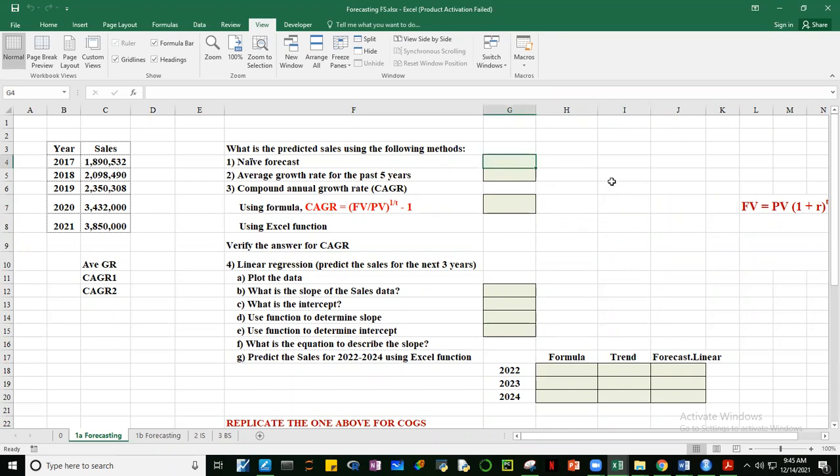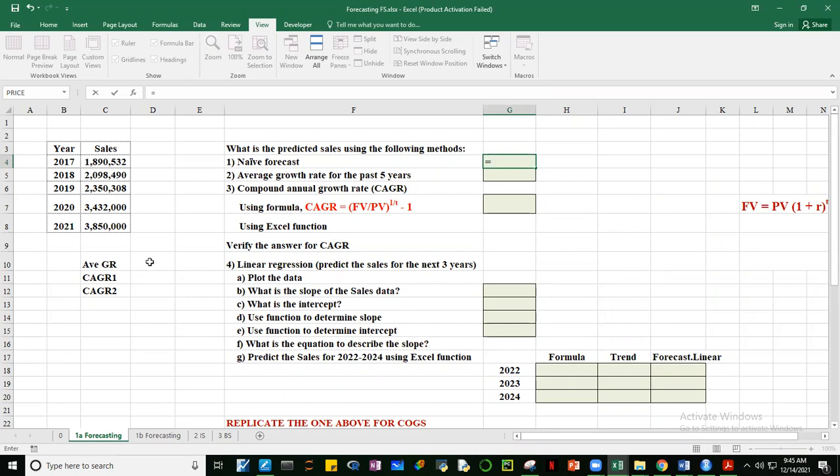Now, what will be the forecasted sales if we're going to use naive forecast? For naive forecast, as the name suggests, naive, we're not using any method. We're just basing our forecast on the previous value.